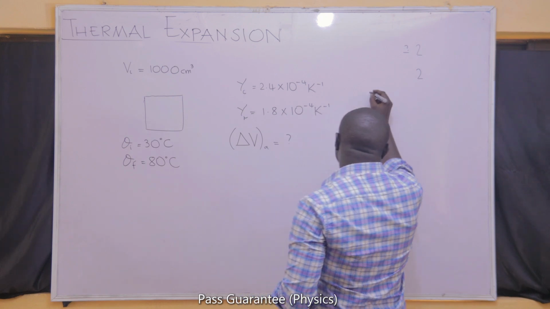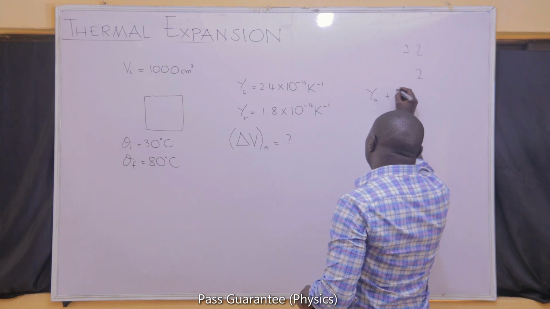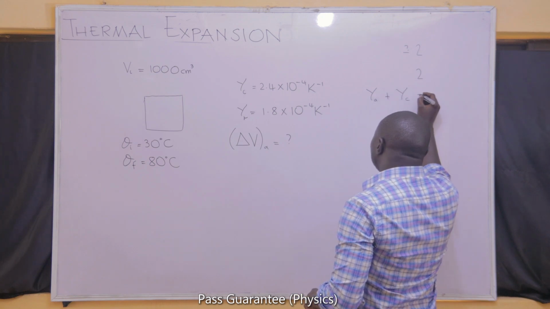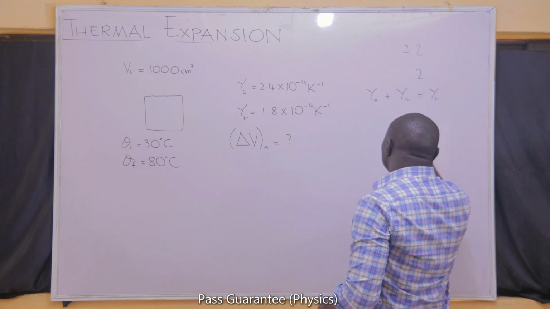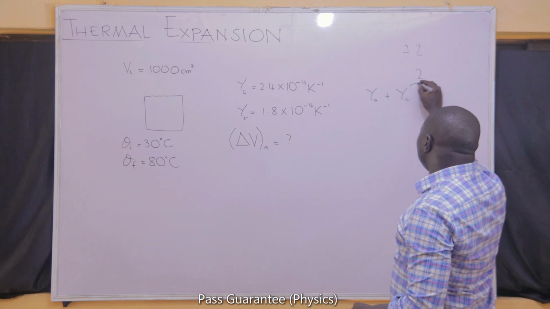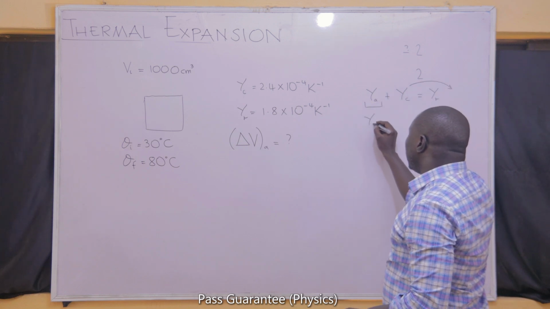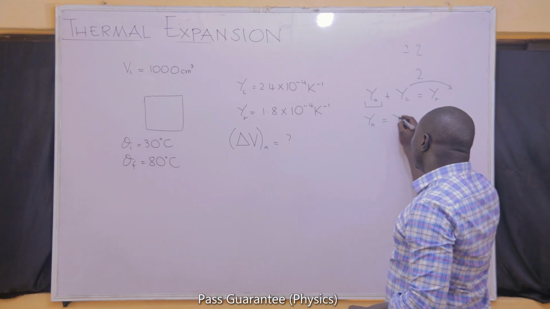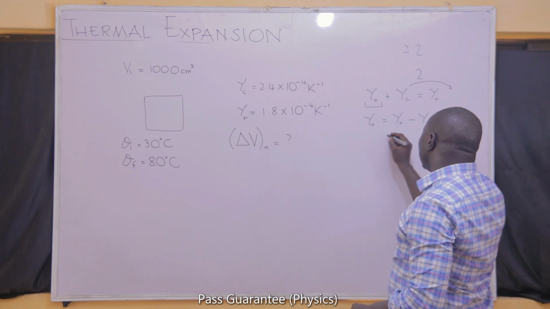Remember that I gave you this formula, that the apparent cubic expansivity of a liquid plus the cubic expansivity of the container must give us the real cubic expansivity of the liquid. So from this expression, I have enough information to find the apparent cubic expansivity of mercury. The apparent cubic expansivity will be the real cubic expansivity minus the cubic expansivity of the container.